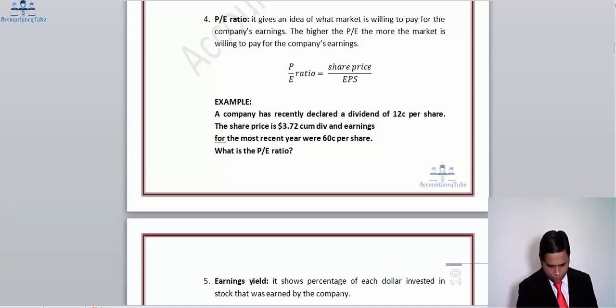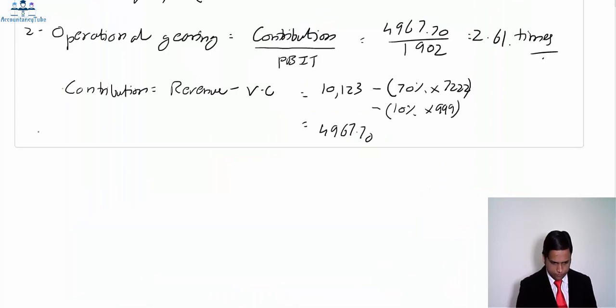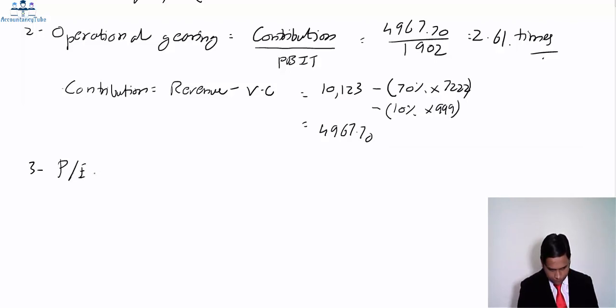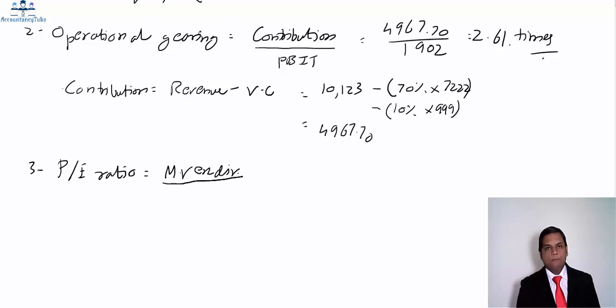Firstly, the formula for PE ratio: market value of share divided by EPS. Always remember that these are taken as ex dividend, which means the price which we are given in the example is cum dividend. We have to exclude that, and after that we need to divide it by EPS.